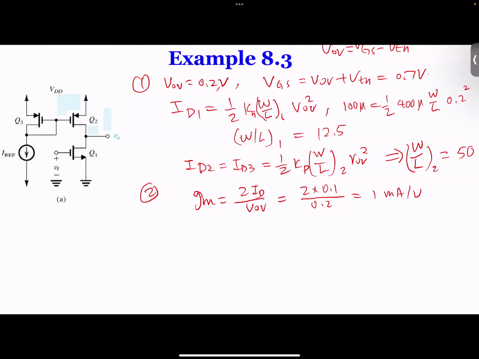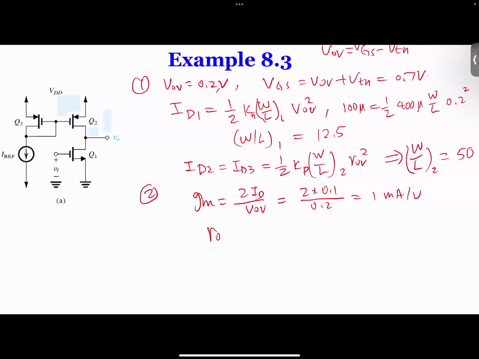So we got gm, and then we have to calculate ro1 and ro2. ro1 is VA over ID. VA is 5 over 0.1 milliamp, so you get 50 kilo ohms. That is also the same as ro2 because they have the same biasing current.